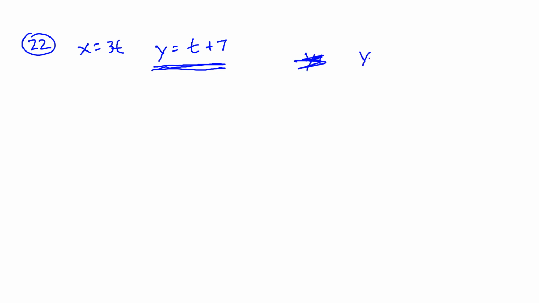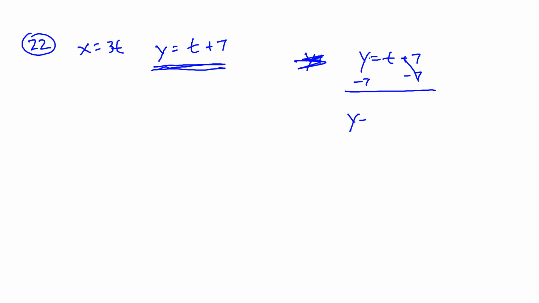All right, so on question 22, we have x is equal to 3t and y is equal to t plus 7. So when it says eliminate the parameter, we have to make a choice on which one is easier to solve for, either the x or the y. It's the same amount of work, so let's say we did the y. So that means that for y equals t plus 7, we have to subtract 7 from both sides to get t by itself.